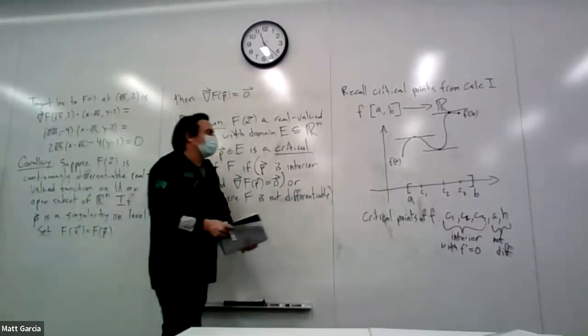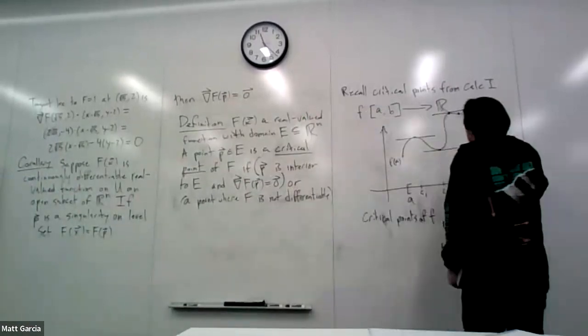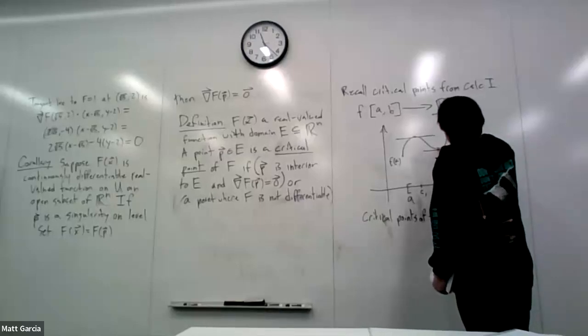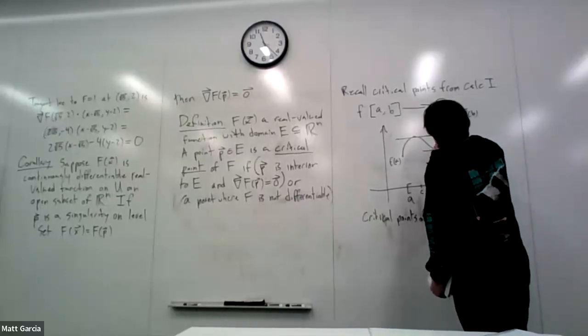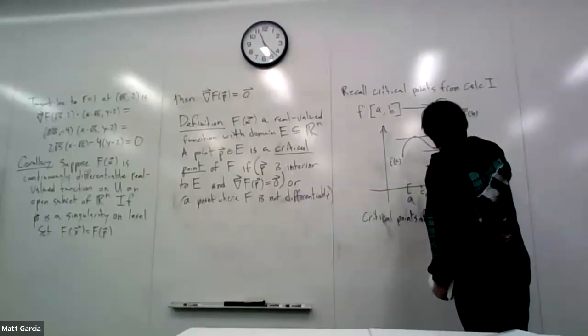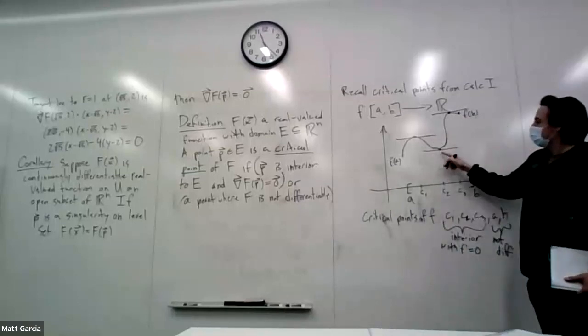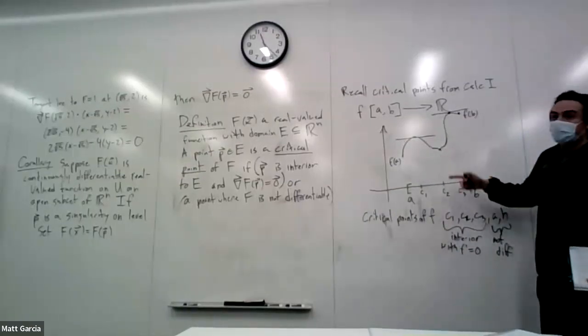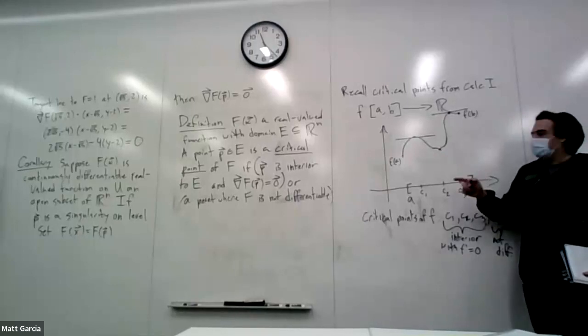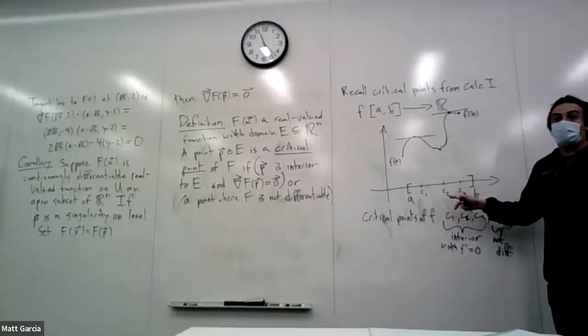Now, if I wanted to make this really interesting, I would have done something a little more exotic here and done like a cusp, right? Then we can't define the tangent line here, but we're not differentiable. So C2 is still a critical point.